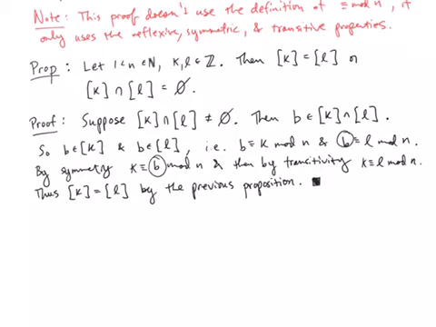All we used here was symmetry and transitivity, just the general properties of equivalence relations, not really the definition of equivalence mod n specifically. So this proposition will be applicable in general to equivalence relations.